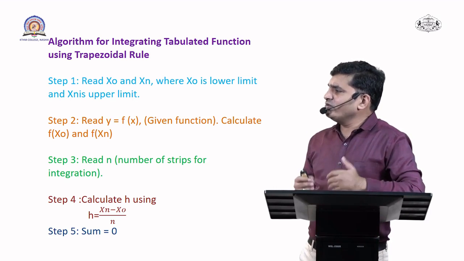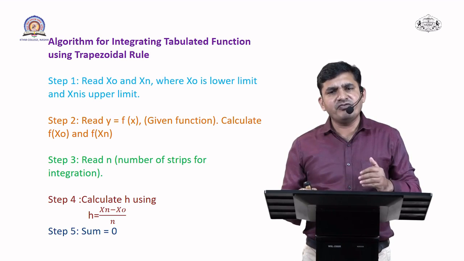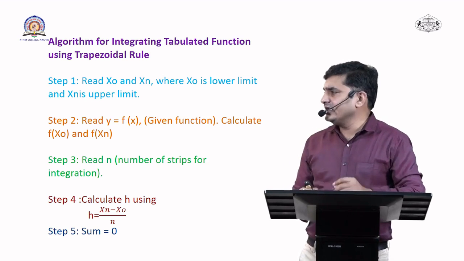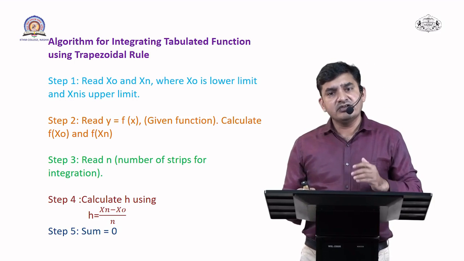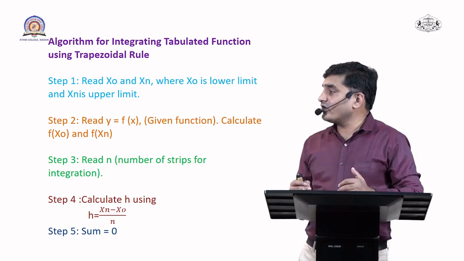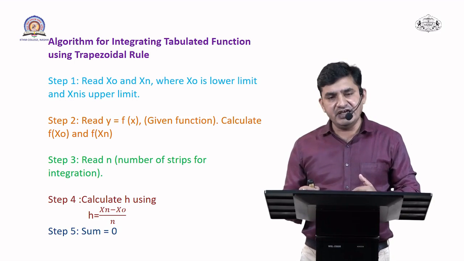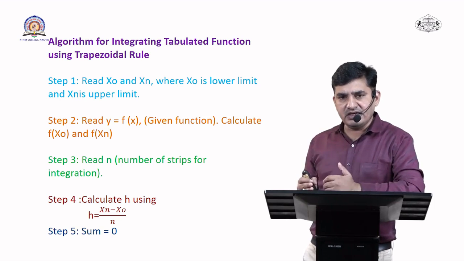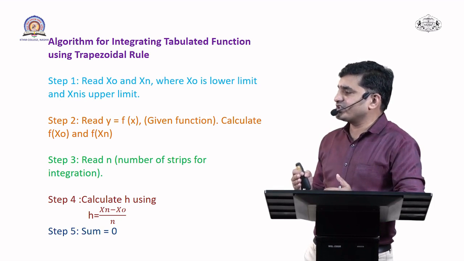Then we have to calculate f of x0, then f of xn. This is our second step. Third step, we have to read the number of strips of integration, so read n, where n represents the number of strips.